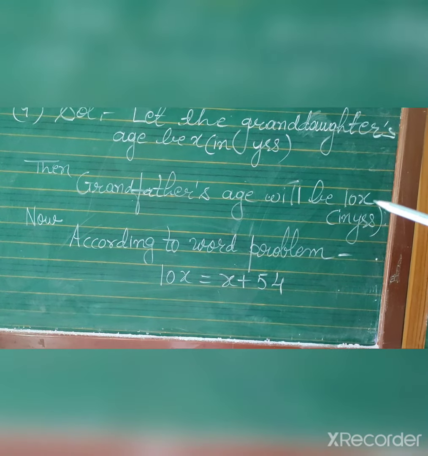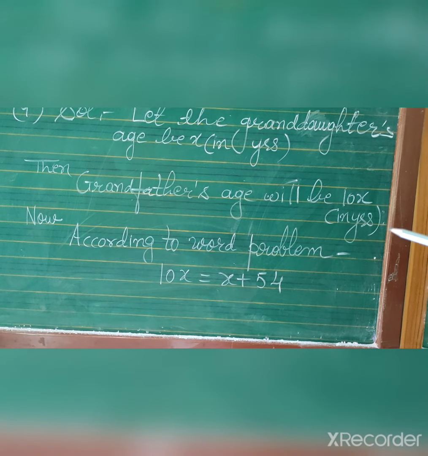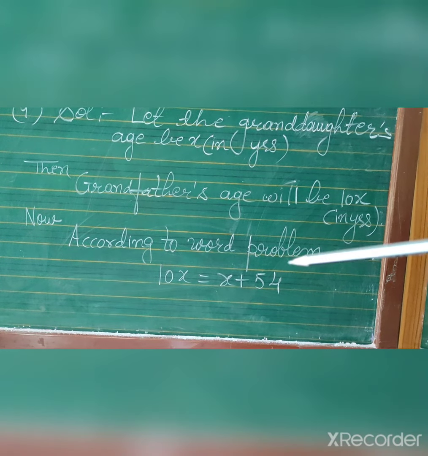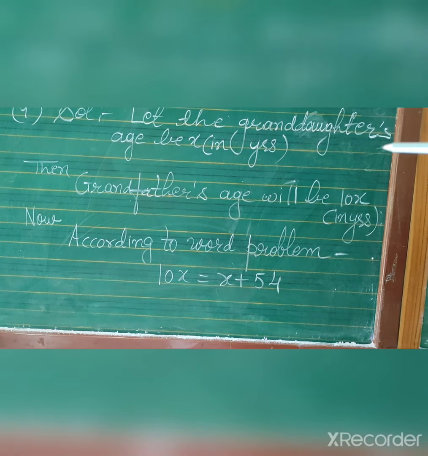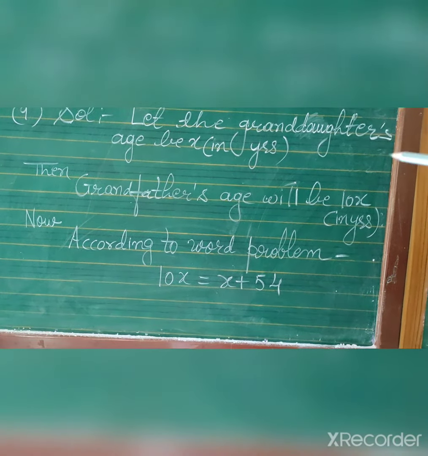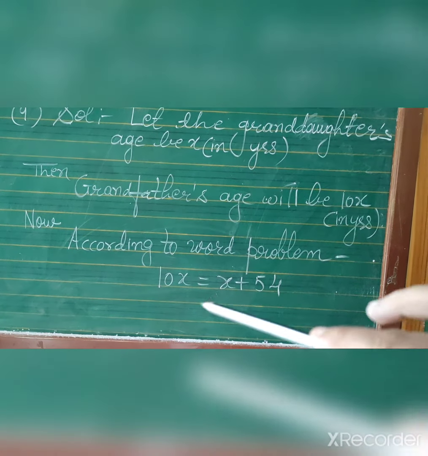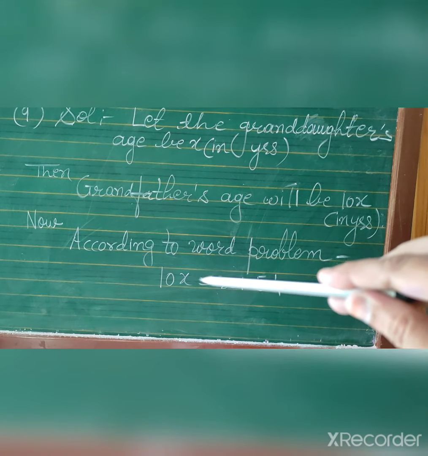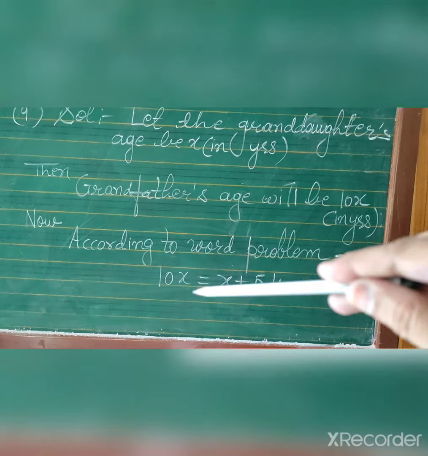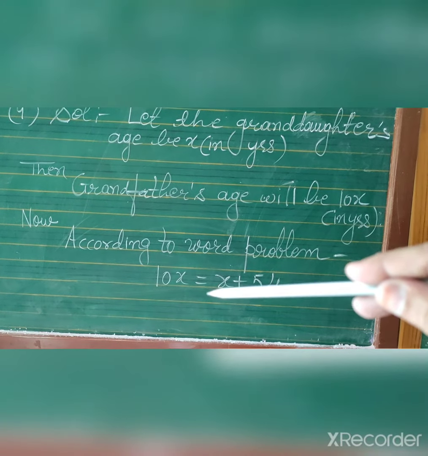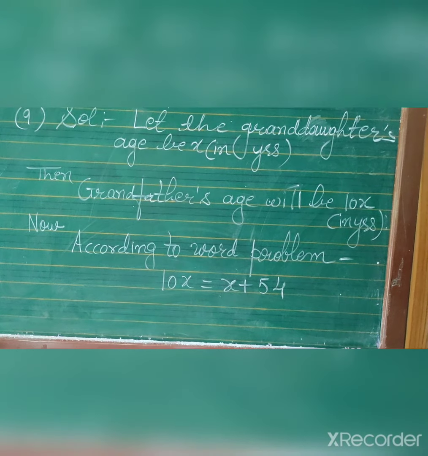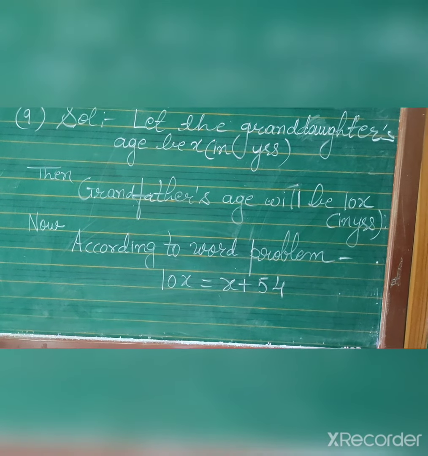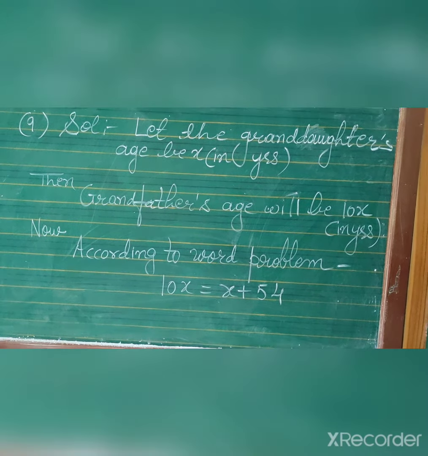So according to us 10x, and in the book it is clearly written if granddaughter's age is x, we will add 54, we will get grandfather's age. So in both the conditions, both the values should be equal. So 10x equal to x plus 54. Now you will find the value of x, so you will get the answer.